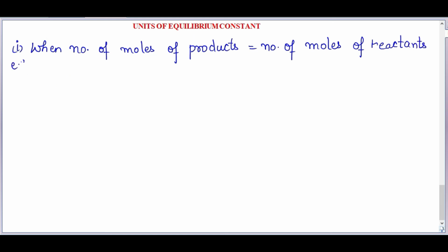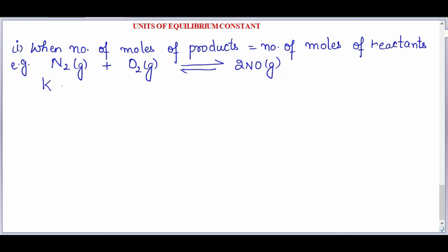For example, in this case, just write the value of K, equilibrium constant, product NO. I'm having 2 moles of NO over here, so raised to power 2 divided by N2. I'm having only 1 mole, so there will be no power raising, right? O2, right? So I know that the unit of concentration, here I am taking molar concentration, so unit of molar concentration is mole liter inverse.